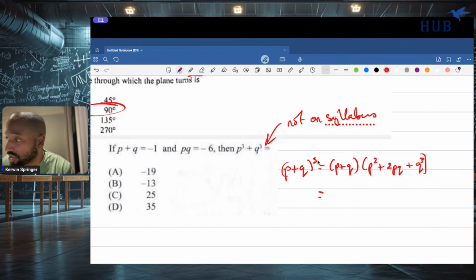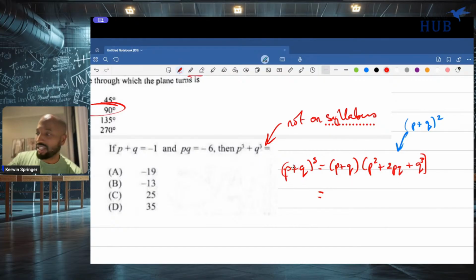P plus Q cubed is P plus Q times P plus Q squared. Now, if this comes, well, at least you know it, but it's not really supposed to come because this kind of expansion is a little extra. And then you have P cubed, plus 2P squared Q, plus Q squared P. We multiply P by everything.